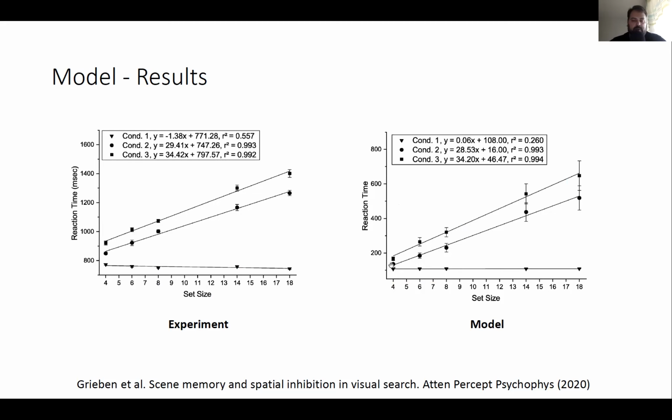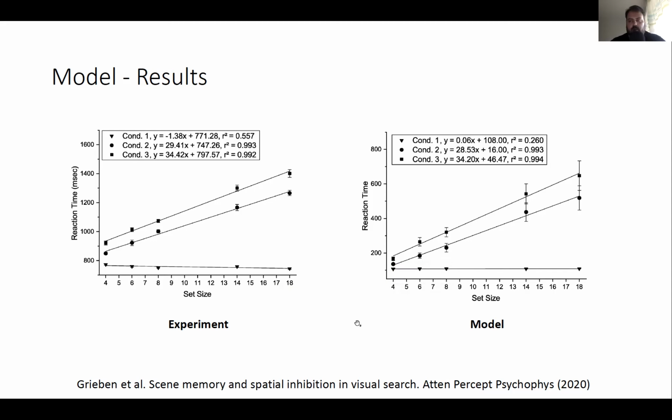Of course, we have to note that the overall magnitude of the reaction times is lower because there is some base time that is responsible for movement preparation and processing that is not modeled by our model. So it's normal to have overall lower reaction times. It's only important to see the difference between the conditions in the y-intercept and the slope.